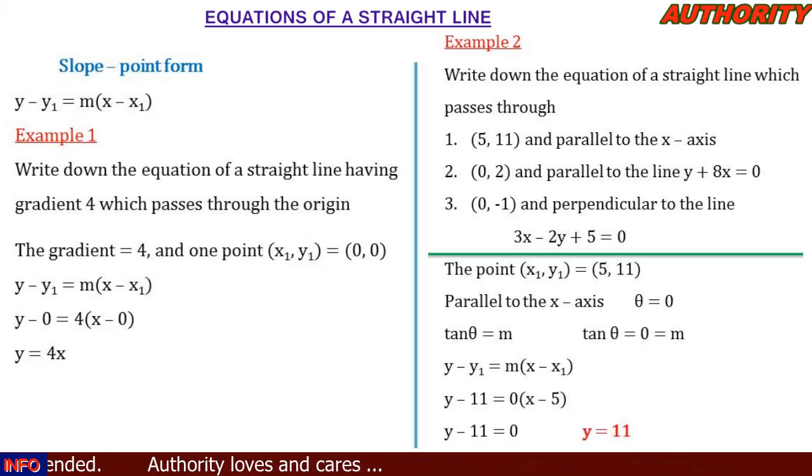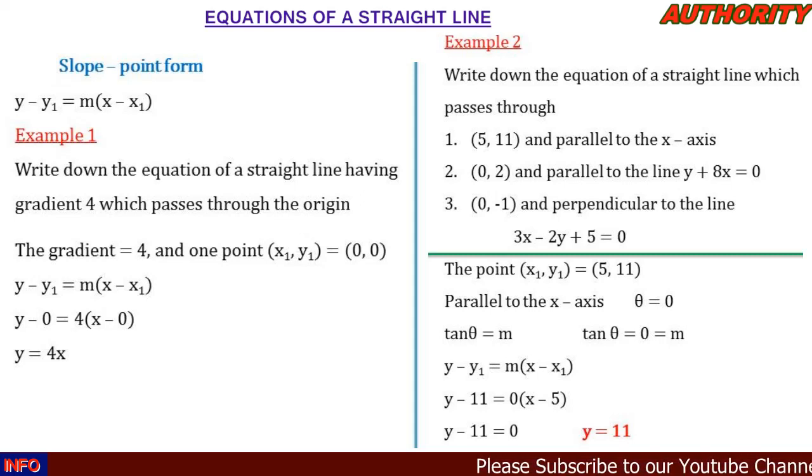So y minus 11 is equal to 0. Let's take 11 to the other side, so y is equal to 11. The equation of the straight line which passes through the point 5, 11 and is parallel to the x-axis is y is equal to 11.